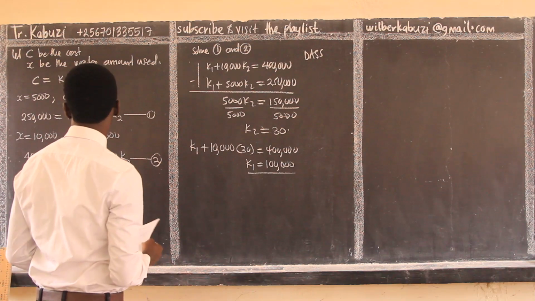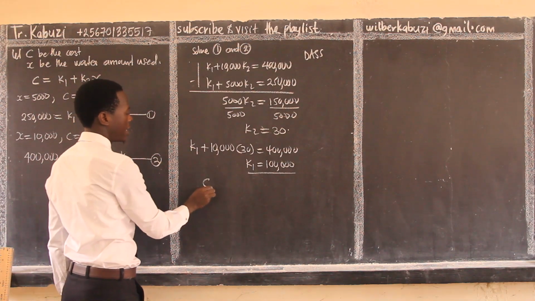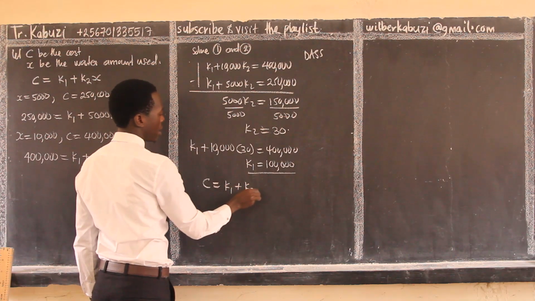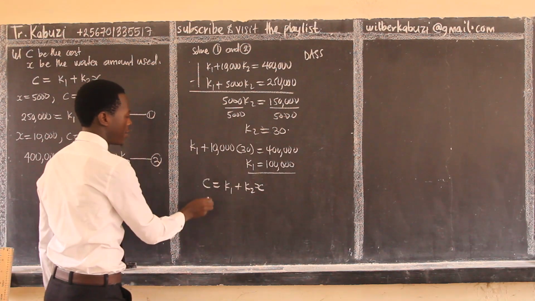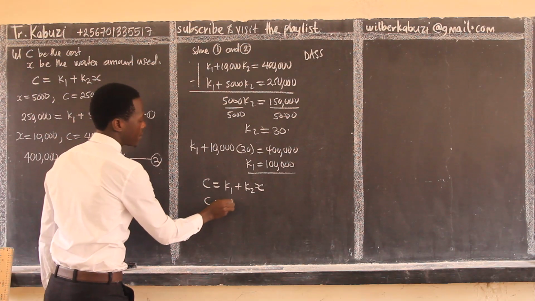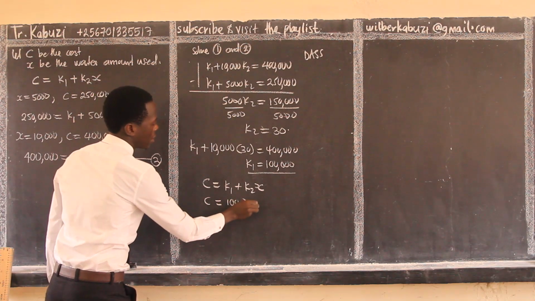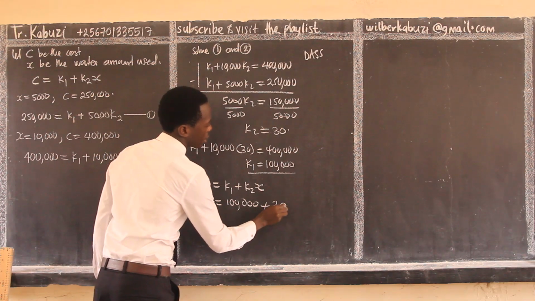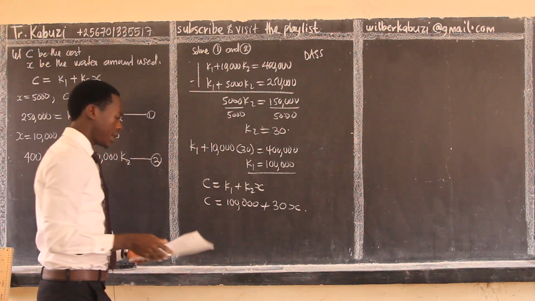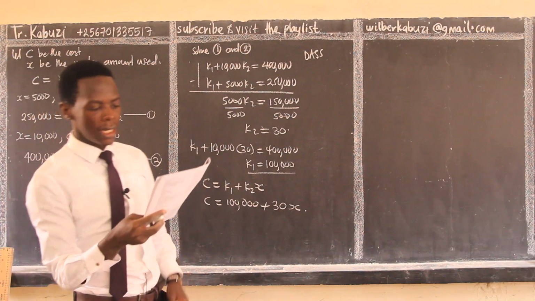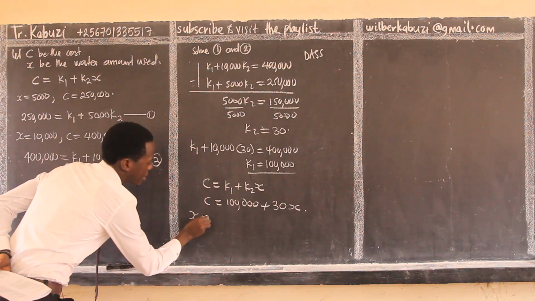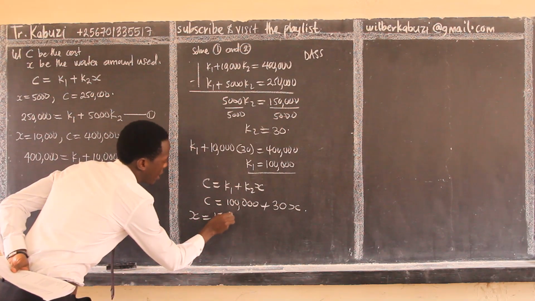Then after getting that, you rewrite. From my C equals K1 plus K2X, we rewrite, so my C will be 100 plus K2, which is 0.03, X. Now they want me to get the cost when X is 15,000 liters.